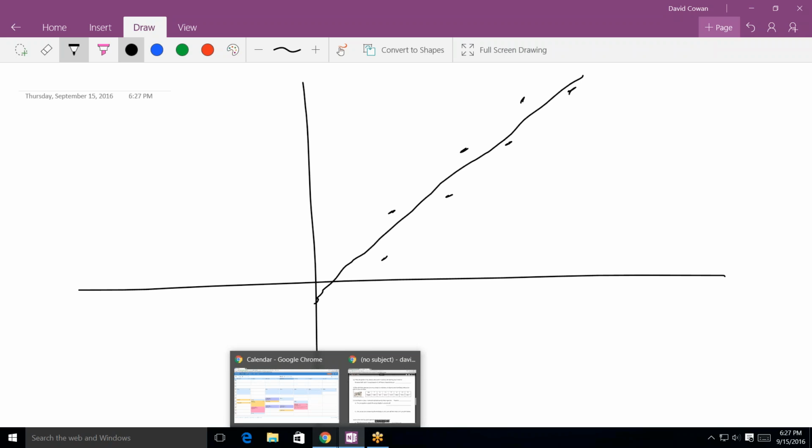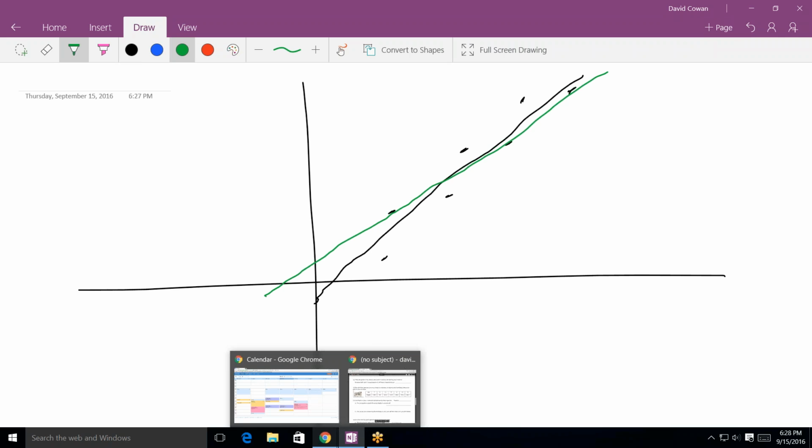Well, notice that the straight line doesn't actually go through any of the points, but it's the best fit. In other words, there's no other straight line I can draw that's a better fit than this one. I could maybe draw one like that, but you could make an argument that that's a better fit to those points than the black one.